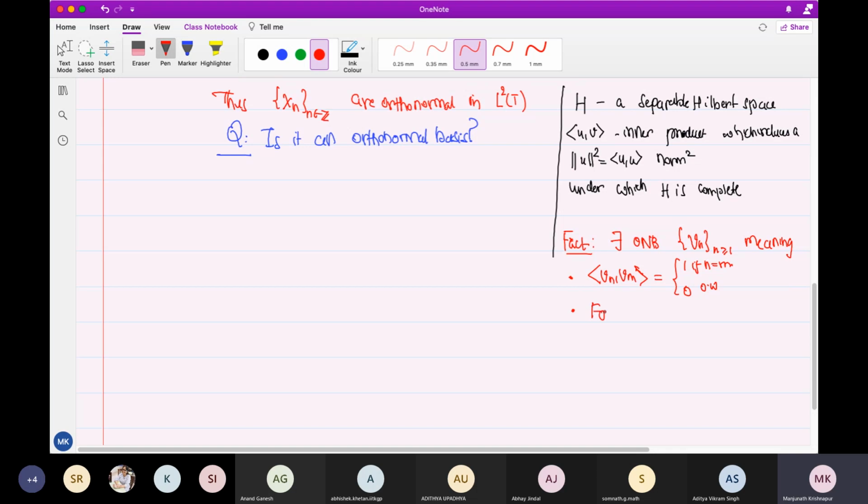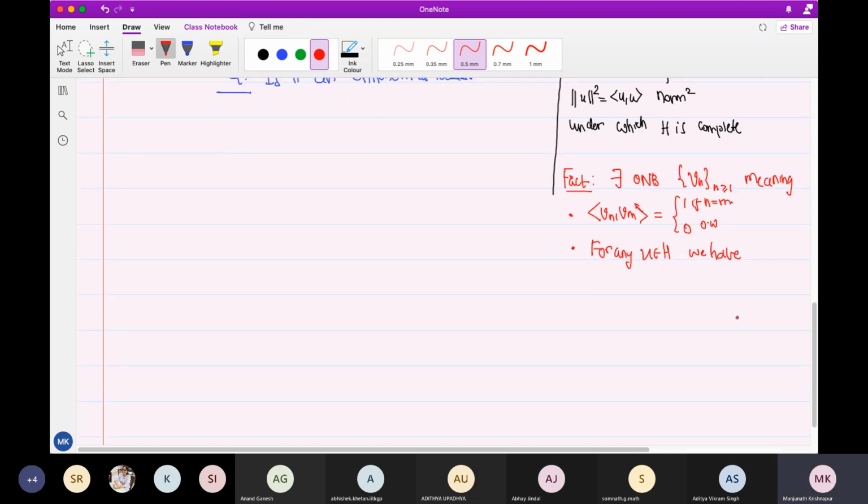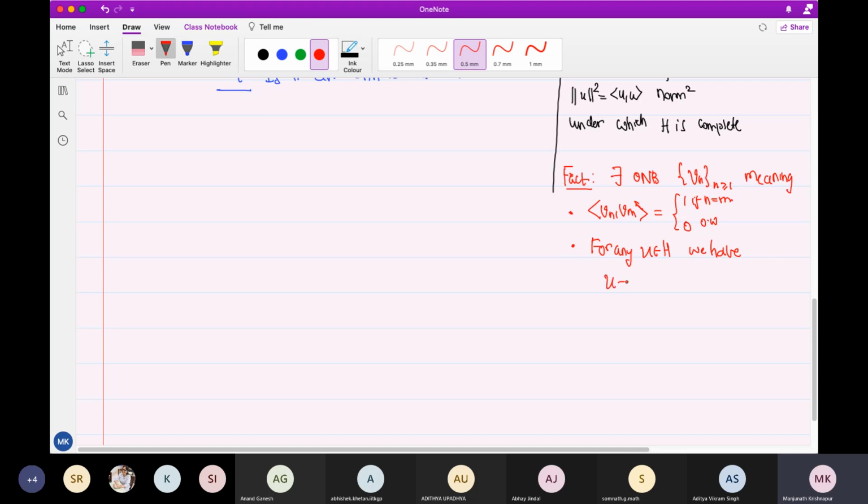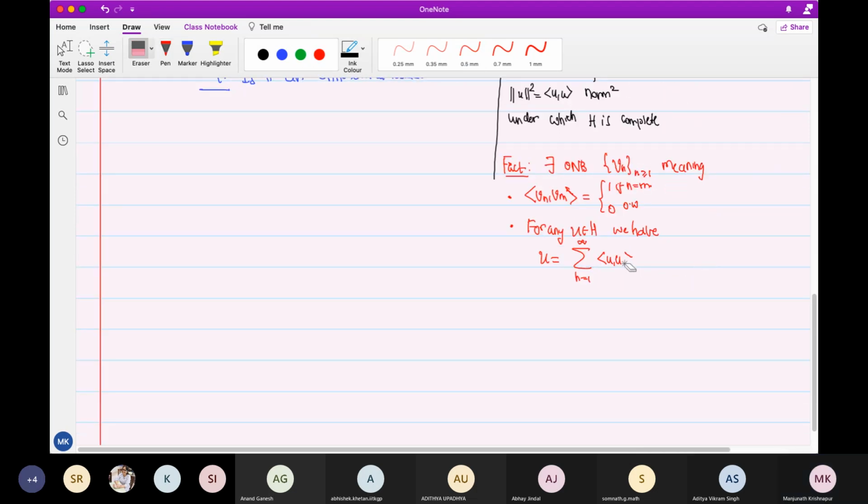For any u in H, we can write u as the sum over n equals 1 to infinity, where the coefficients are the inner product of u with Vn, since Vn is my basis.